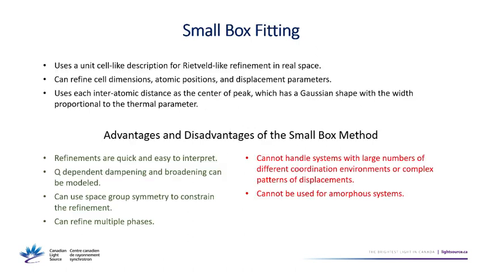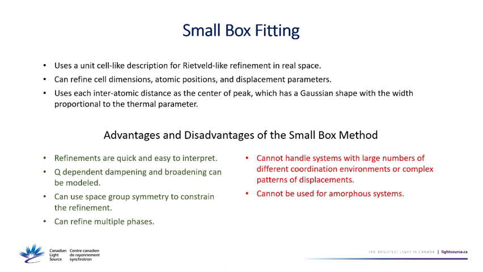All right, so what's often called small box fitting, and usually the programs you can do this in are called PDFgui, and also TOPAS has it. And this is the kind of fitting that we're going to do a tutorial of tomorrow afternoon. So what this does is it uses a unit cell-like description of the material and does a refinement in that.